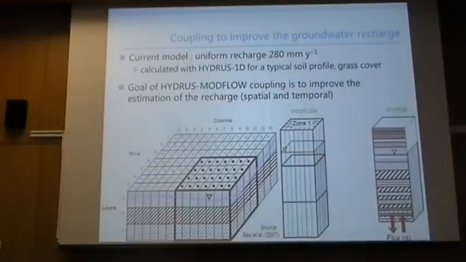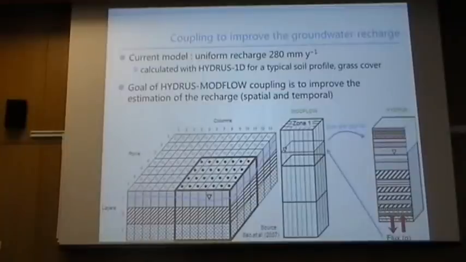The way this is done in this module is that you group the active cells in MODFLOW in zones with similar hydrological behavior. For each of these units, you have one HYDRUS-1D model. After MODFLOW, within predefined time steps, when MODFLOW has done its simulation, you calculate the average groundwater table for all the active cells within one zone, and this is given as a boundary condition to HYDRUS, which is representative for that zone.